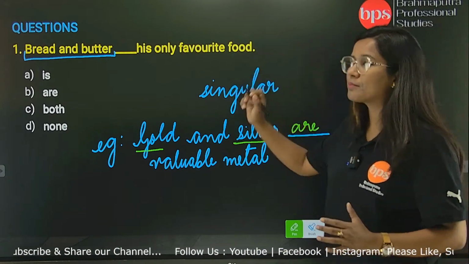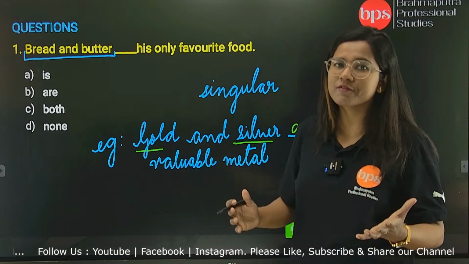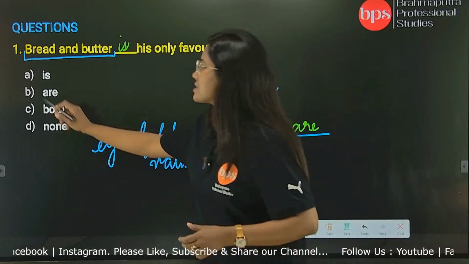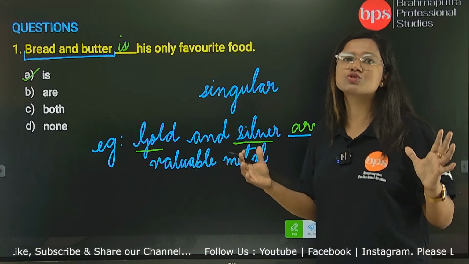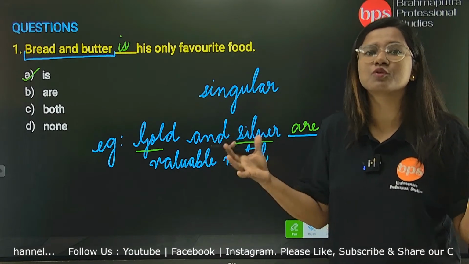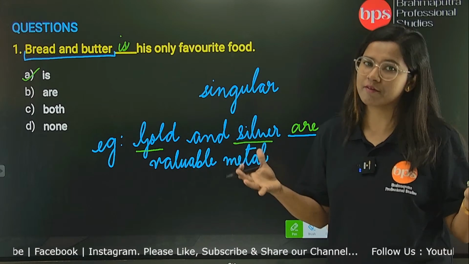But for bread and butter, what will come? Because I have already said that it is the singular form, is will come here. So you got your answer. Bread and butter is his only favorite food, or his only source of income, or his only food item that he usually used to have.